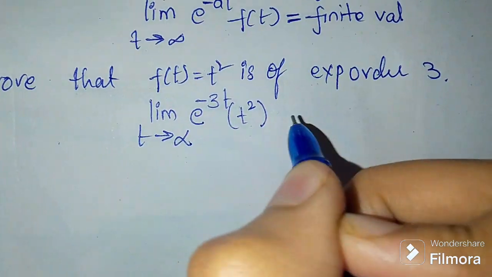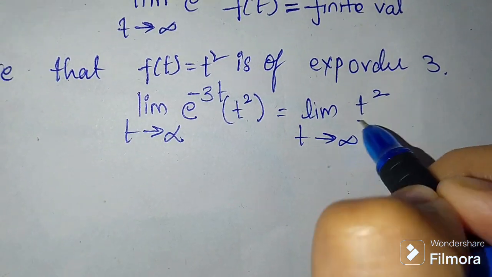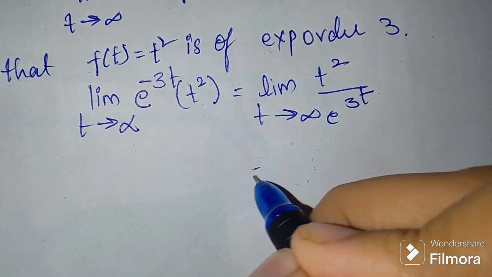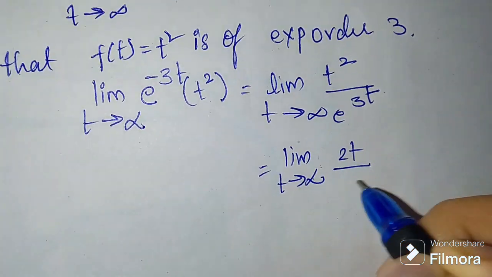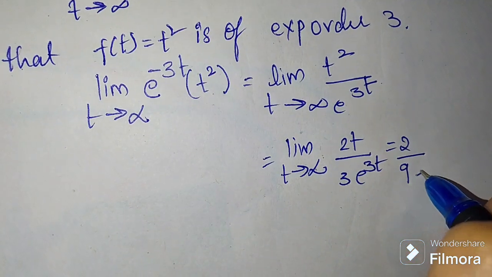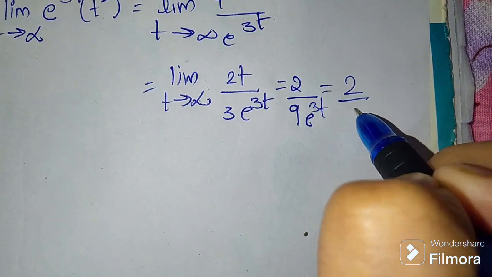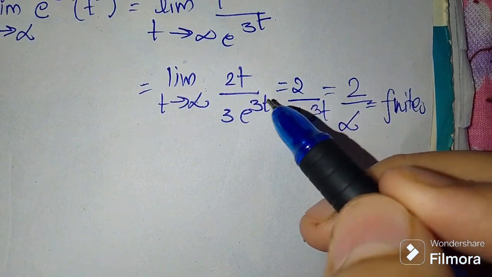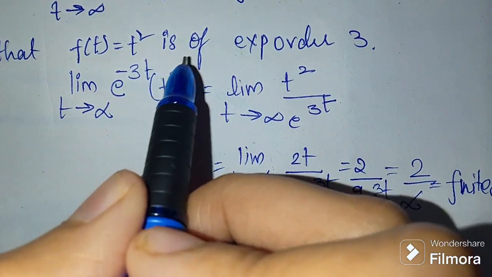This becomes t square by e power 3t, which is infinity by infinity, so let's use L'Hospital and take the derivative. We get limit t tends to infinity 2t by 3 e power 3t, which is 2 by 9 e power 3t. If I substitute infinity here, I get 2 by infinity, which is a finite value. Here we applied the L'Hospital rule with derivatives. Now we can say that this function is of exponential order 3.